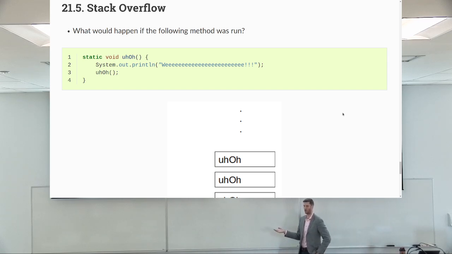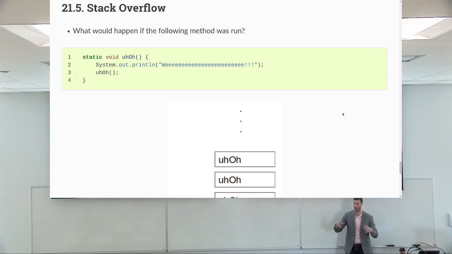Follow the rules you're already aware of. There's nothing special. There's nothing weird or new taking place here. What's going to happen? I call it. Line 2 says print out "we." Line 3 says call it. So what does that mean? Well, we create a new call frame.